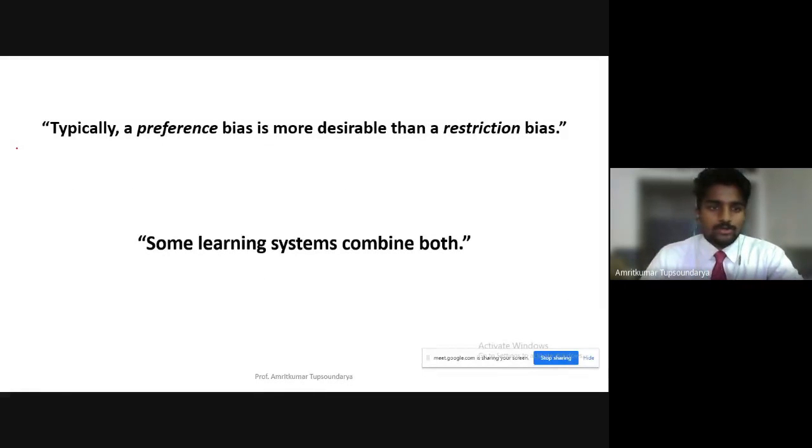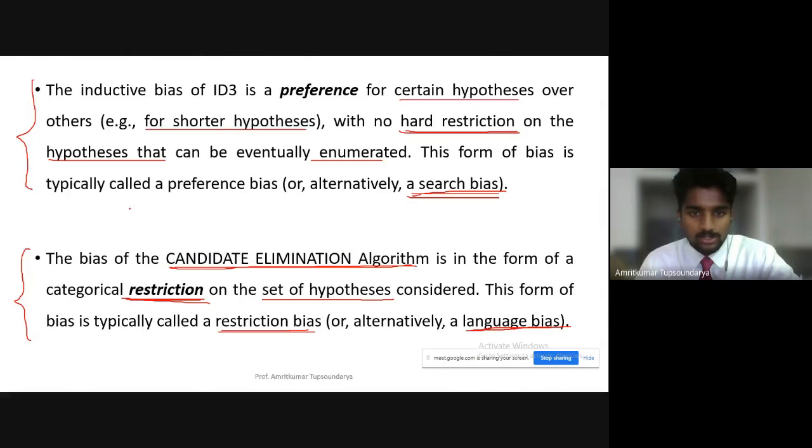Okay, so just to put it in a nutshell, the question that arises is when to use, or which one is better, preference bias or restriction bias, right? Because each has its own merits and demerits. The example we have taken for preference bias is ID3, and the candidate elimination algorithm uses the restriction bias.